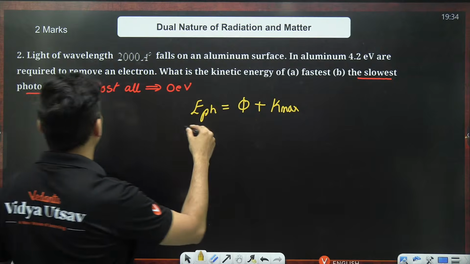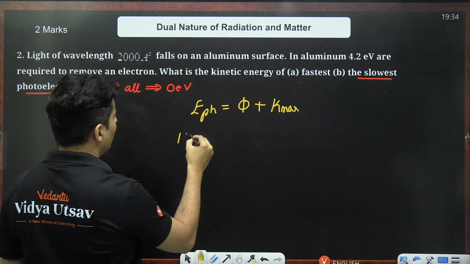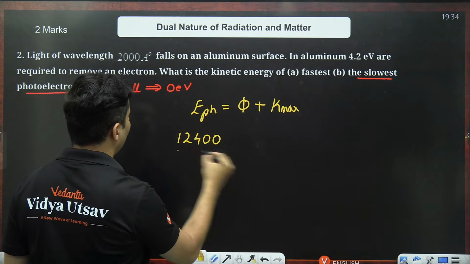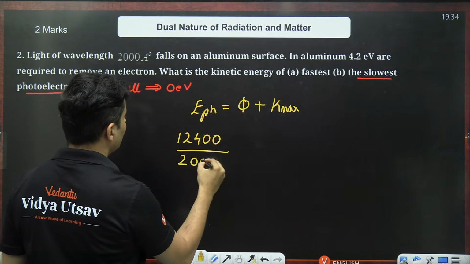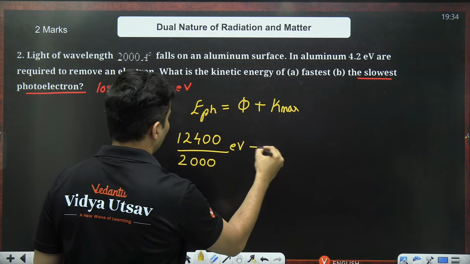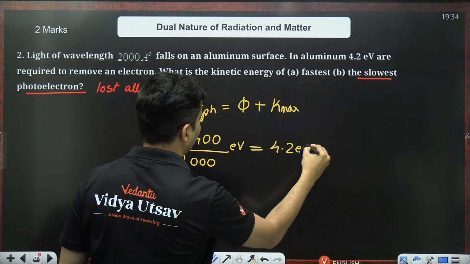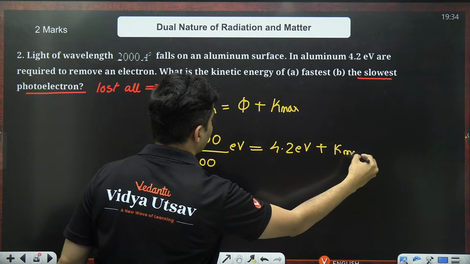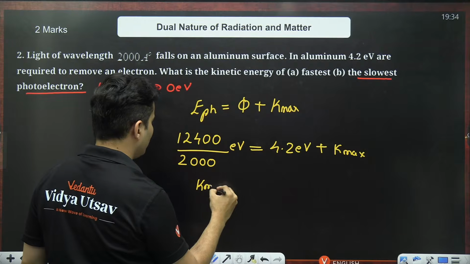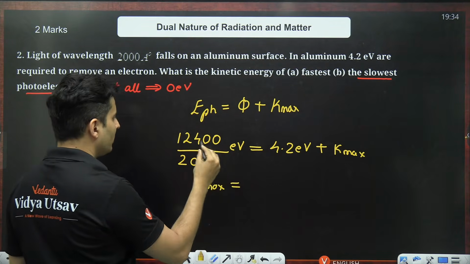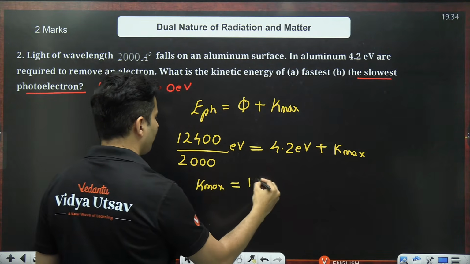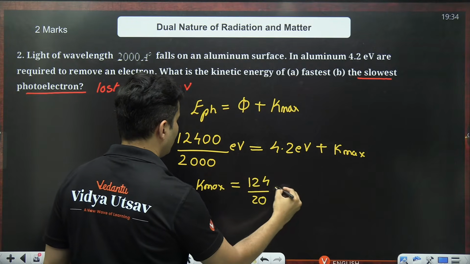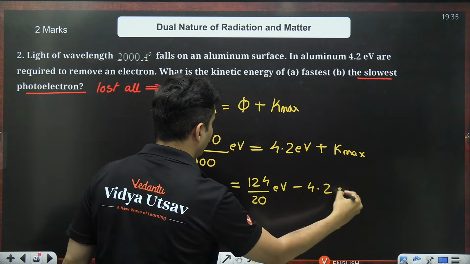So energy of the photon, this is 2000 Angstrom, right? So 12400 by wavelength, which is 2000, but this is in electron volt. Work function is 4.2 electron volt plus K max. So from this, you will get the value of K max, guys. Two zeros cancel, so 124 divided by 20 electron volt minus 4.2 electron volt.